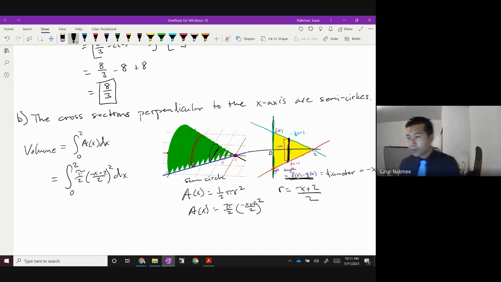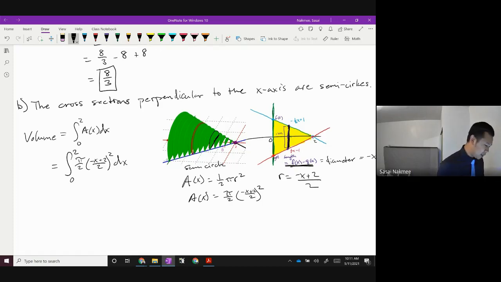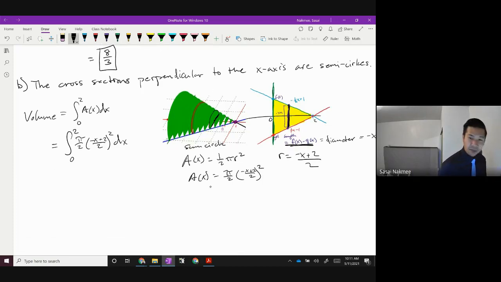Of course, I don't know if you guys can see this or not, but the pi over 2 is just a coefficient. And I can also square everything that I have here, right? So check this out. I can actually do a little bit of math here. When you have a fraction like this, you can square the top and square the bottom. So I can rewrite this. This is going to be the same thing as pi over 2 times the integral from 0 to 2 of negative x plus 2 squared over 2 squared, which is going to give me 4 dx.